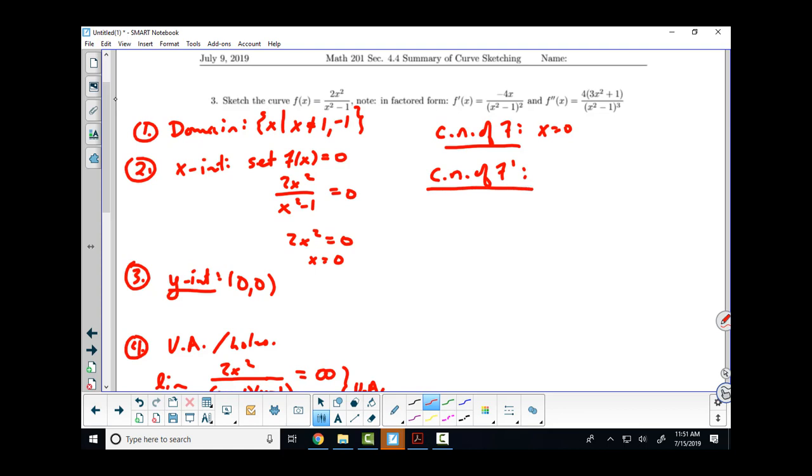Max, how do I find the critical numbers of f prime? Isn't it in the first derivative, the ones that equal? So careful, this is a tough point. For the critical numbers of f prime, I'm going to ask where is f prime's derivative 0 or undefined. So what am I actually looking at here?